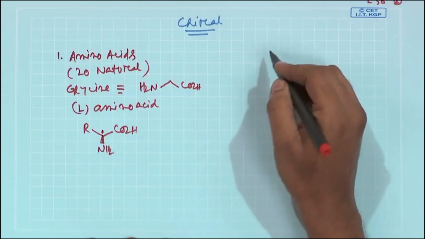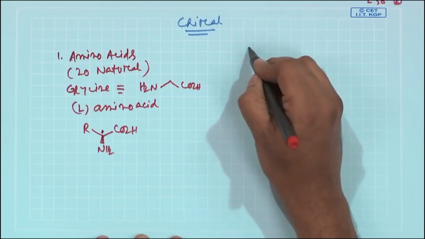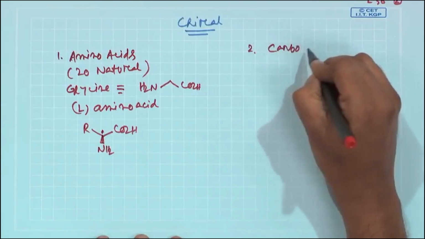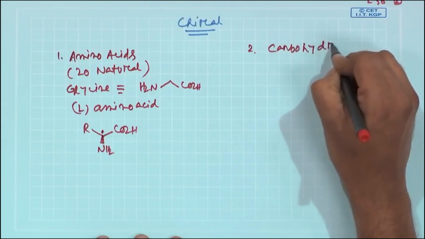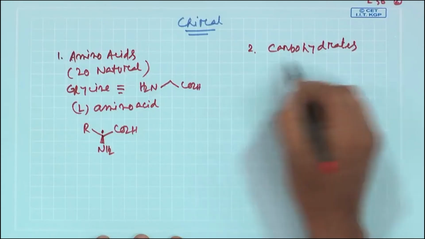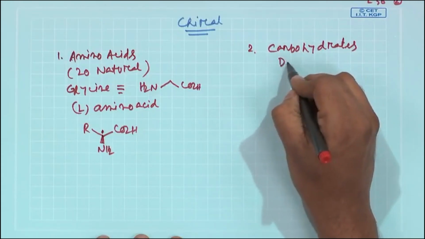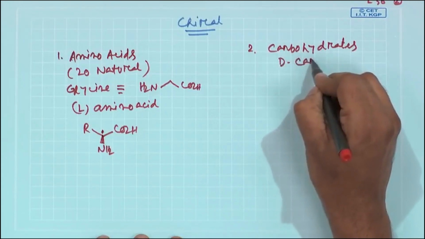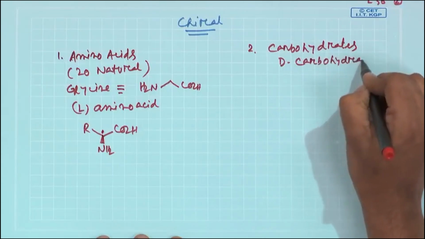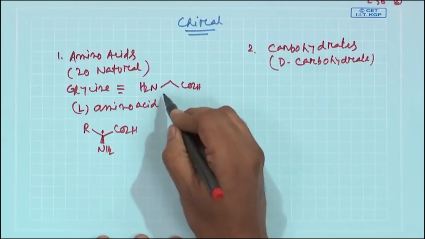The amino acid is one of the very good chiral pools. The second is carbohydrates. Carbohydrates are also naturally occurring starting materials, and mainly D carbohydrates, the D form, are available in nature. So, D sugars and L amino acids.